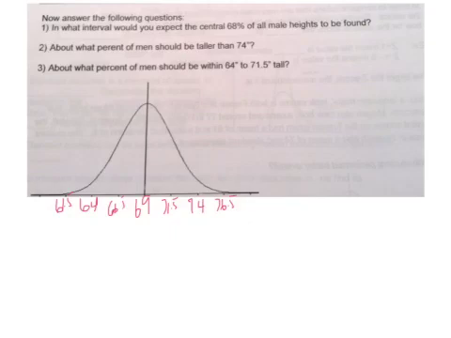Now, it says up above in question number 1, in what interval would you expect the central 68% of all male heights to be found? Well, the central 68%, you know that that's within 1 standard deviation of the mean. So the central 68% of all male heights, and of course we want to put all of our answers in context, would be found from 66.5 inches to 71.5 inches.